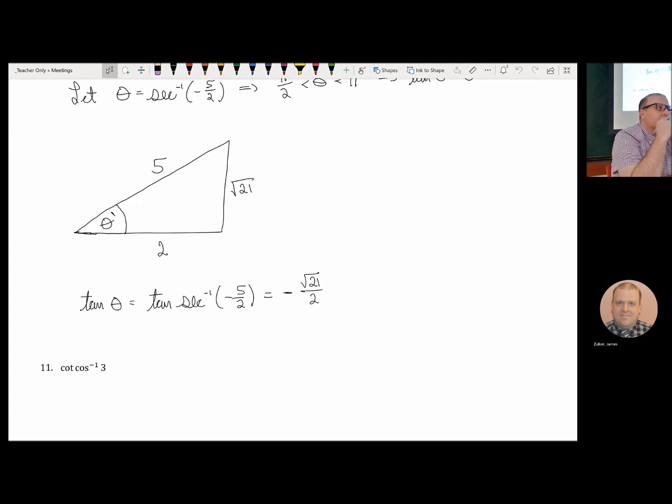So what quadrants is cosine positive in? Okay, so cosine is positive in quadrants 1 and 4. Three over eight. Gotta be.